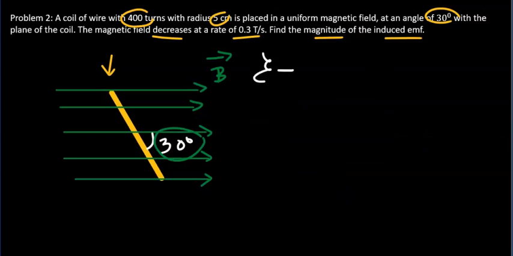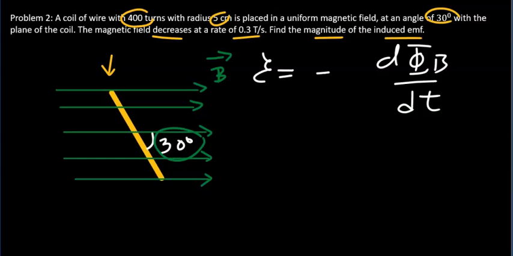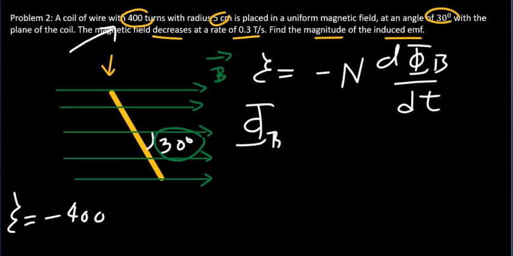The induced EMF is given by minus the rate of change of magnetic flux. Note that in this problem the coil has 400 turns, so that must be taken into account. So the induced EMF is minus N, where N is 400. The magnetic flux is given by BA cosine 60 degrees, as we explained a few minutes ago.